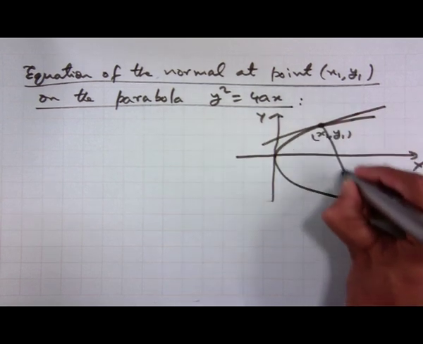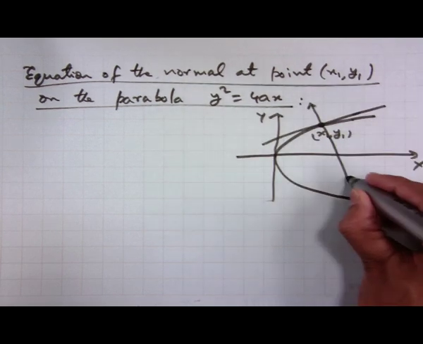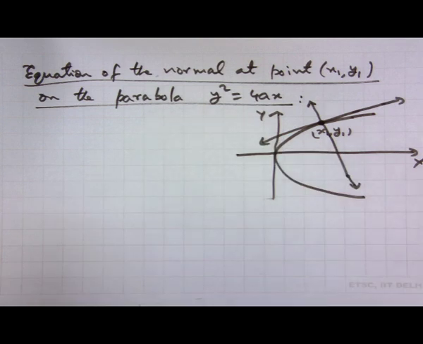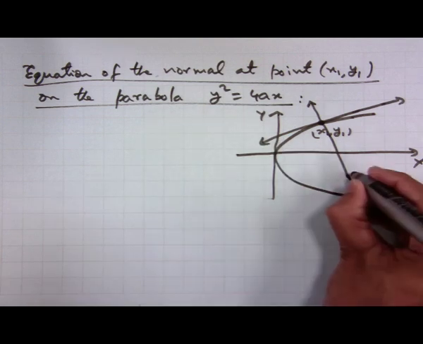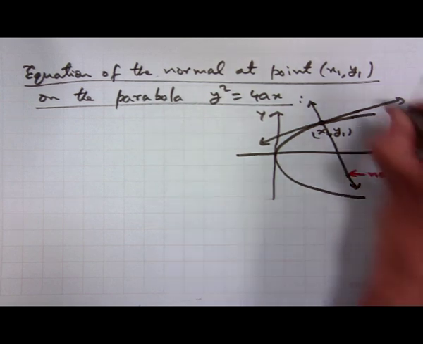So, this is the normal line and this is the tangent line.